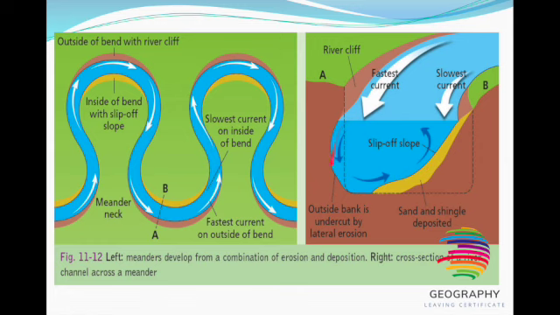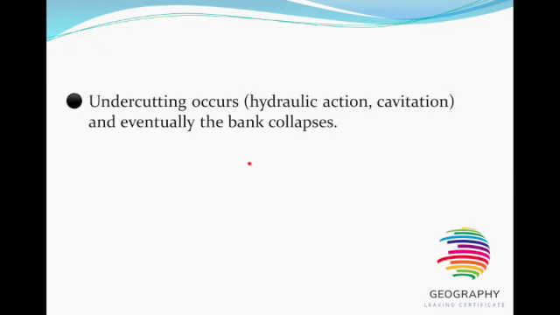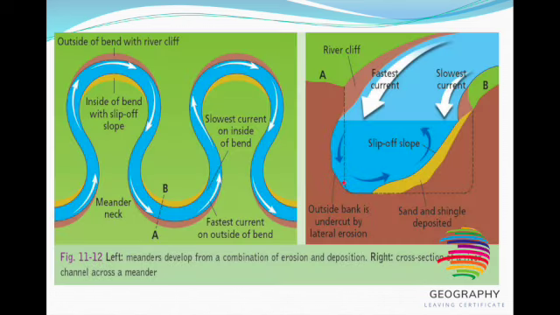Okay, so that helical flow. And that will mean, by looking at this, the river is going to bend in that direction to the left of the outside bank. And that helical flow is the main reason why meanders are formed. So undercutting occurs by hydraulic action, abrasion, attrition, solution, and cavitation. And eventually the bank here, this side of the bank, will collapse.